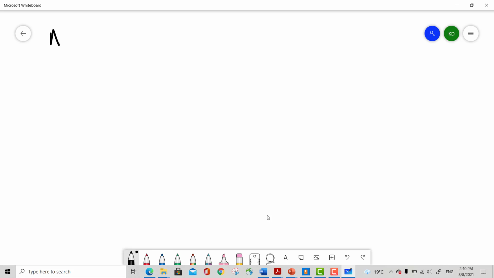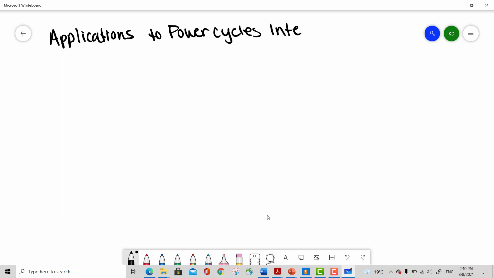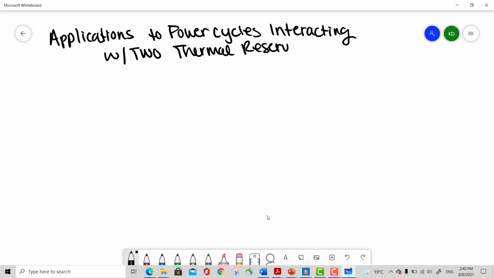So we have three applications. Applications to power cycles. So we're talking about power cycles interacting with two thermal reservoirs.